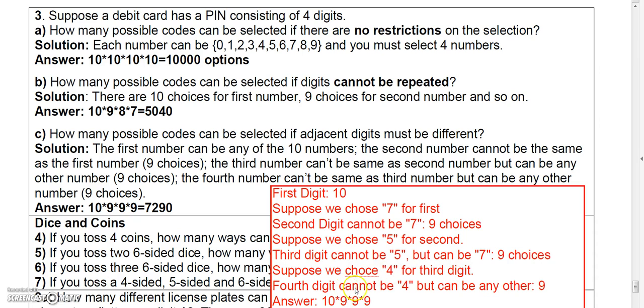Then the fourth digit cannot be a 4, but it can be any other number, so that leaves us 9 choices again. So that tells us the first digit has 10 choices, the second digit has 9 choices, the third digit we have 9 choices, and the fourth digit we have 9 choices. So the answer would be 10 times 9 times 9 times 9, which is 7,290.